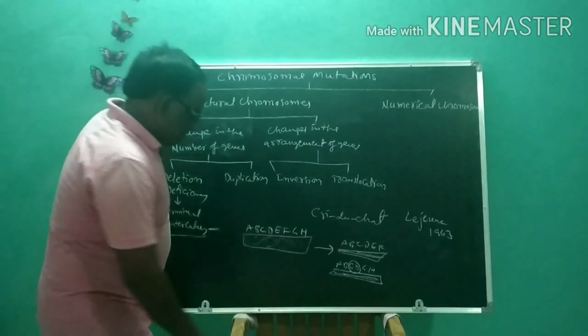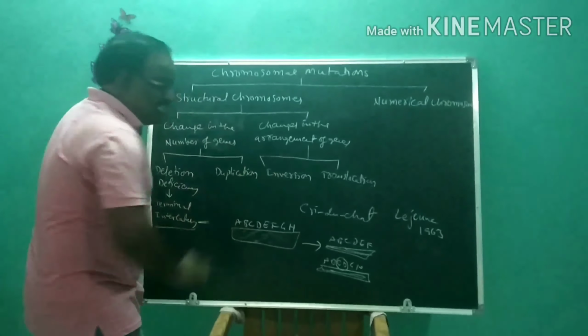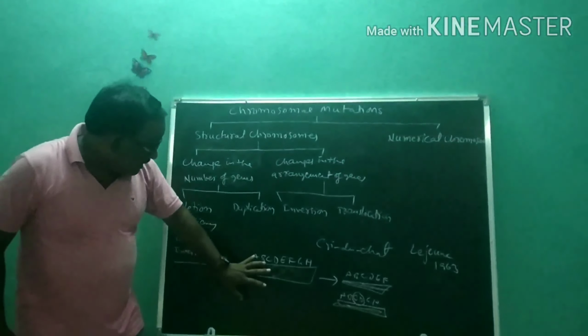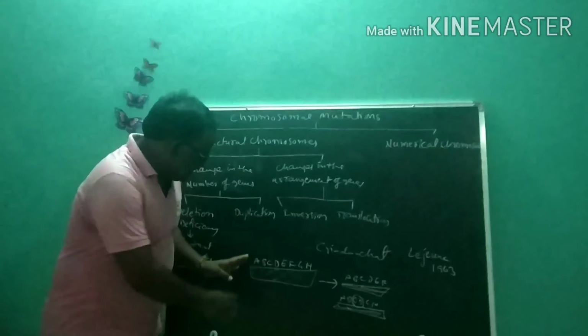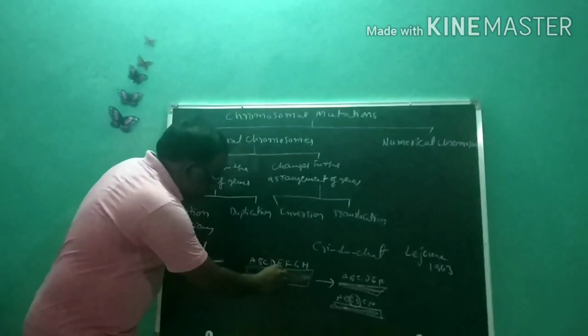Next, duplication. Duplication means addition. Same example: A, B, C, D, E, F, G, H are the segments of the chromosome.